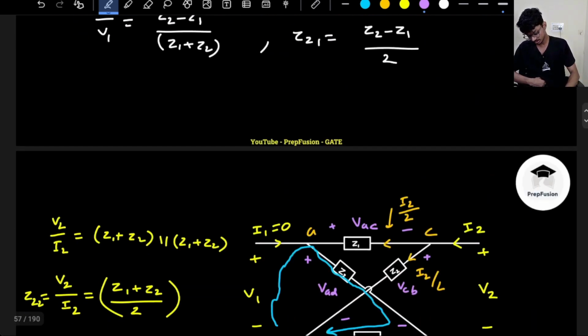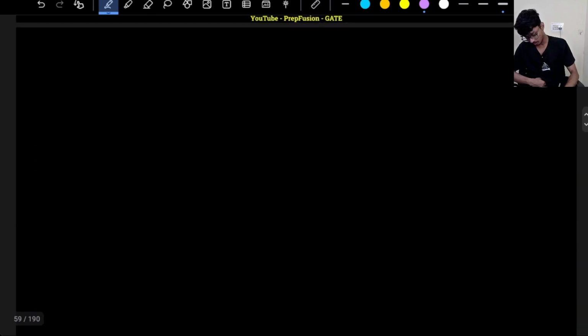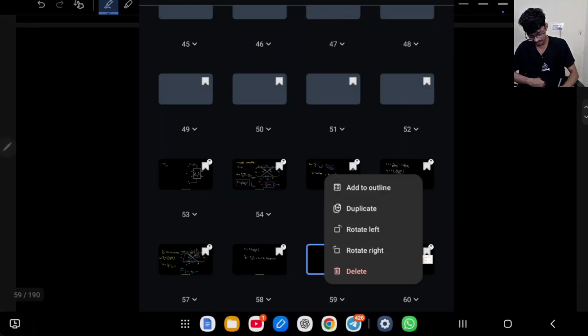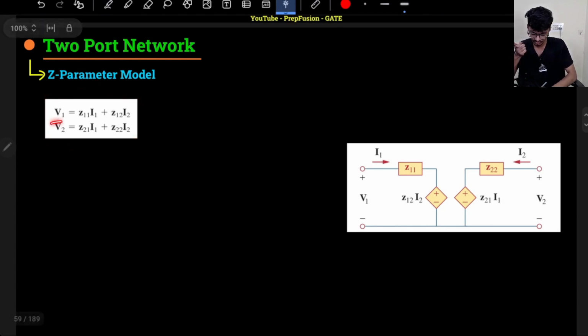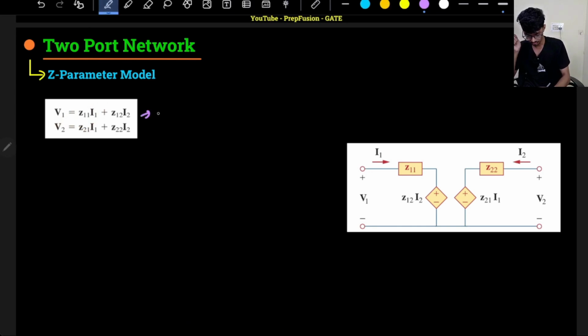Now just one last topic that is left, about the model. Z parameters can be modeled like this. Here, what I observe is V1 is being written in terms of two currents, I1 and I2. So it is like a KVL equation, KVL 1 and KVL 2, because voltage is written in terms of the voltage drop.